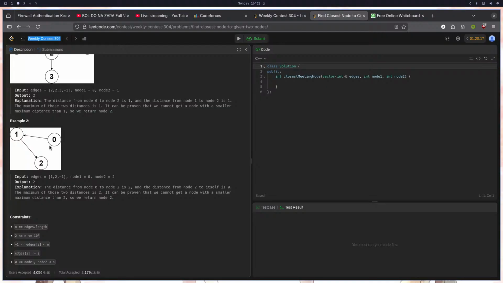I don't understand, bhai. Vector of vector, node.